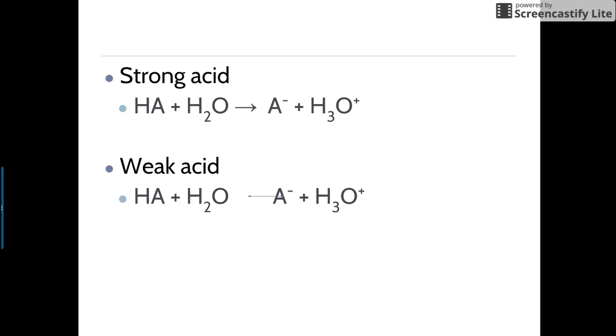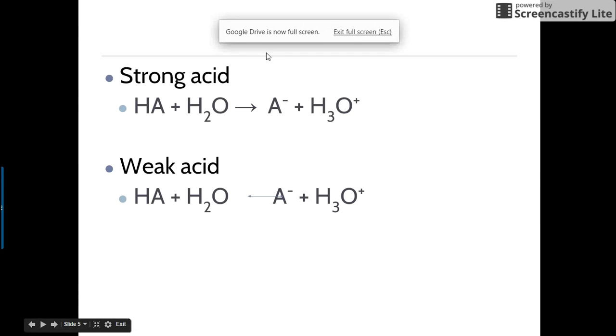Here are two generic reactions, one for a strong acid and one for a weak acid. You'll notice everything's identical except for the arrows. The top arrow, notice how it goes only one direction.